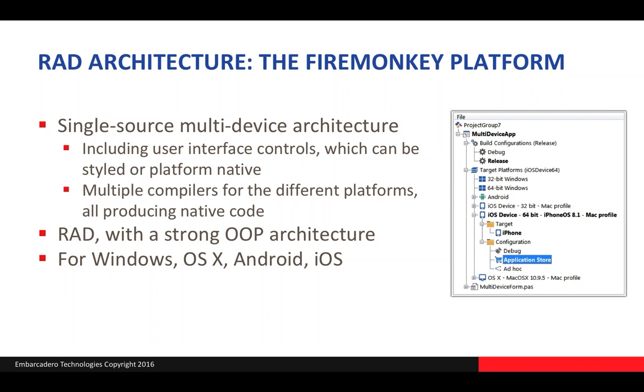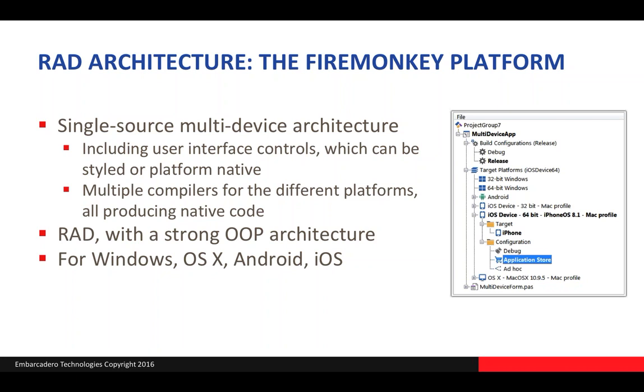Now with the FireMonkey architecture, as I say, it's very much based on strong object-oriented architecture. So the great thing for us as developers is we build with components and classes, and we code to interfaces. Those interfaces and those components working together then map to the correct stuff over the different platforms.